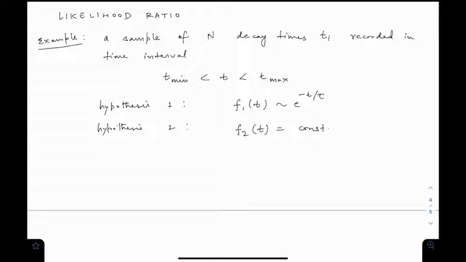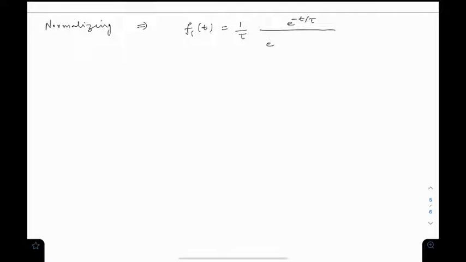So first we'll normalize the PDFs, which basically gives us f1 of t equals 1 by tau times e to the minus t by tau. f2 of t, since it's just a uniform distribution, is nothing but 1 by t max minus t min.